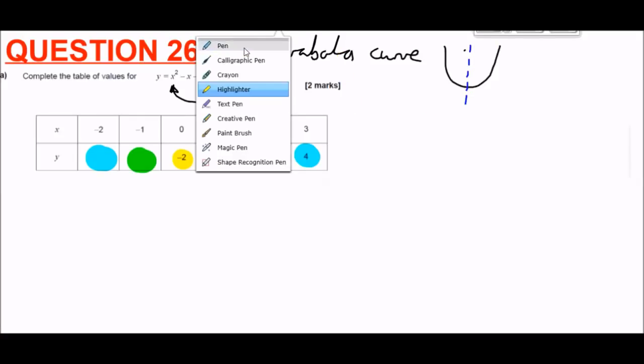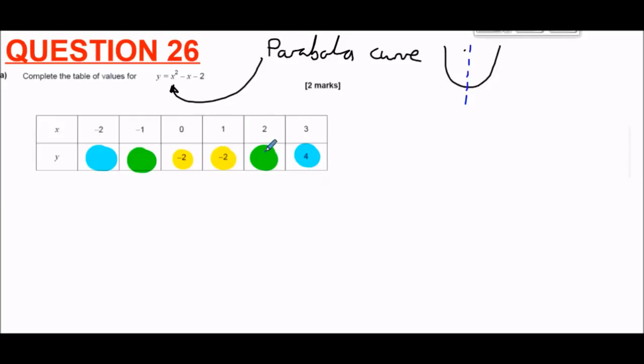So when x is 2, y is 0. And we know as well that when x is -1, because these two values will mirror, y will be 0 as well. And when x is 3, y is 4, which will also mirror with this value here.